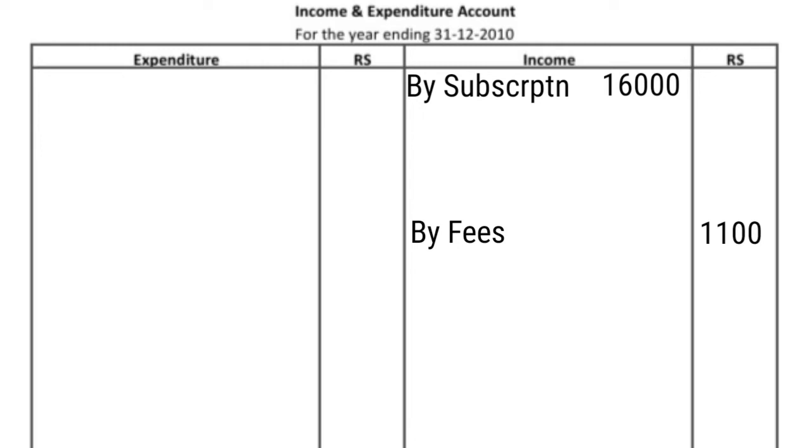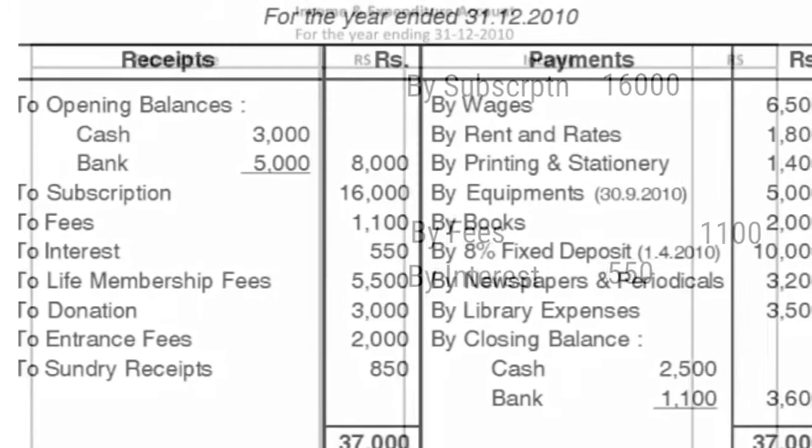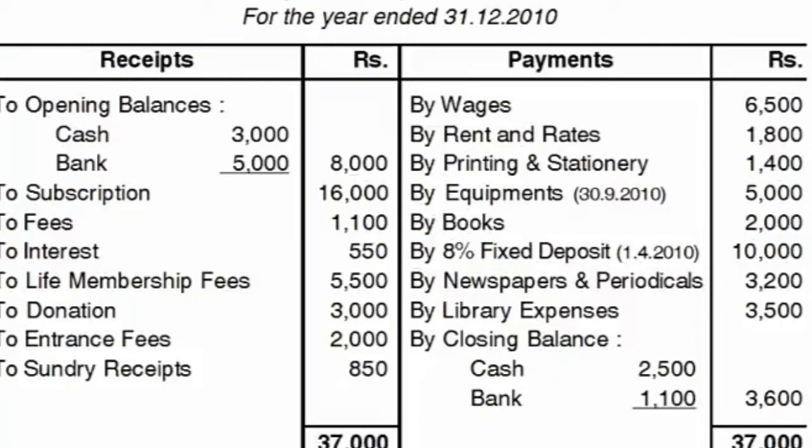Next, interest. This is also an income, but here we need to verify the interest. So I will write this amount in inner column rupees 550. Next, life membership fee. It is not a revenue nature or revenue income. It is capital nature. It is a liability.